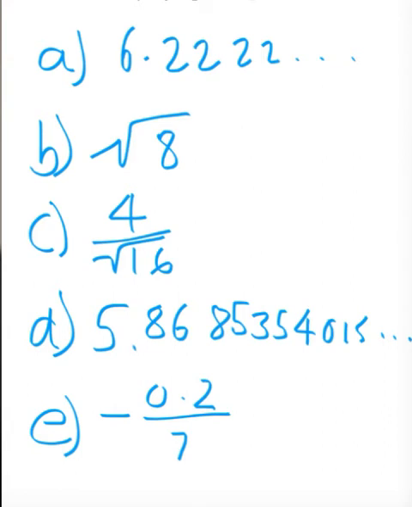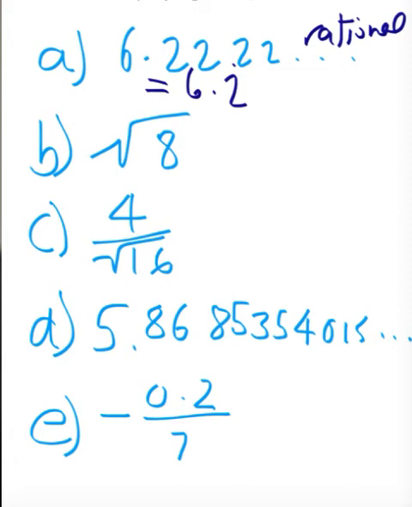Okay, so with the first one, I look at this number and straight away I can see a recurring pattern. We know we can write this as 6.2 with a little dot on top. So therefore this is a rational number, okay? It's rational because this can be turned into a fraction and there's a recurring pattern, which is in this case 2. B, I know B is a surd because the square root of 8 is an irrational number.